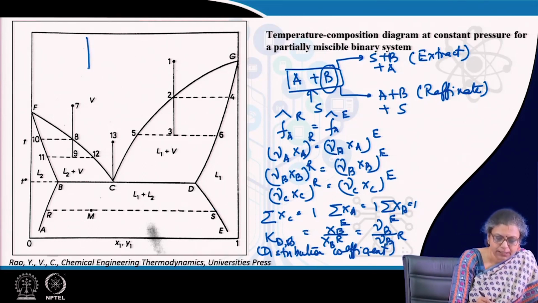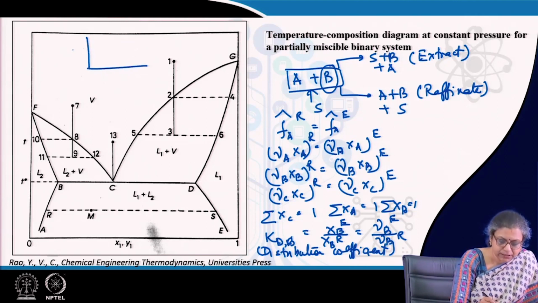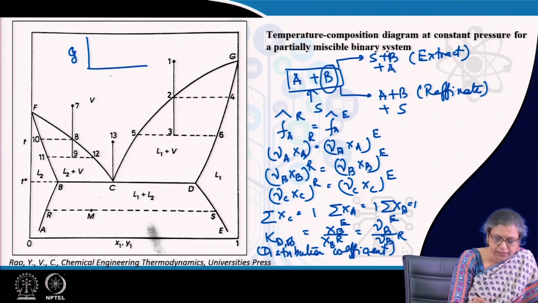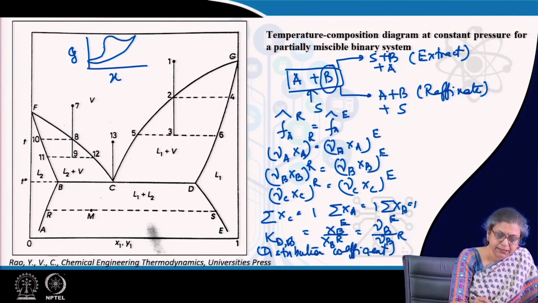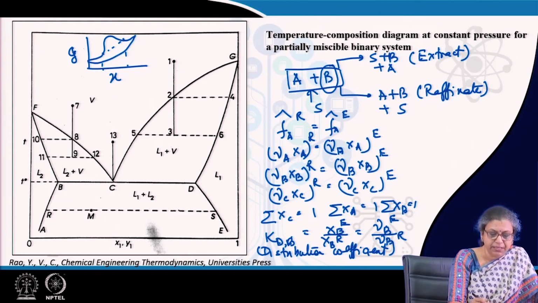If we draw the molar Gibbs free energy as a function of x, we find that for an immiscible system the Gibbs free energy over some range is actually higher. So, for this range the two liquids would prefer to be separated rather than being in a solution.